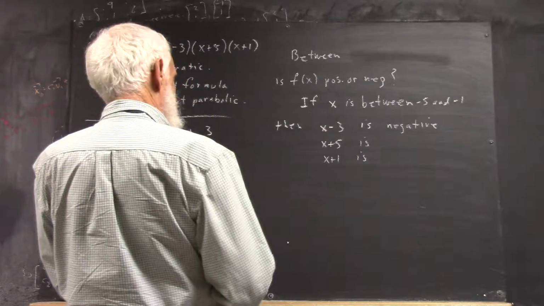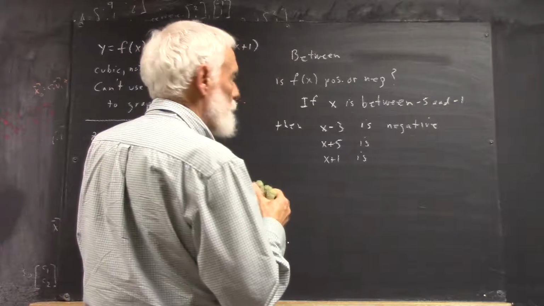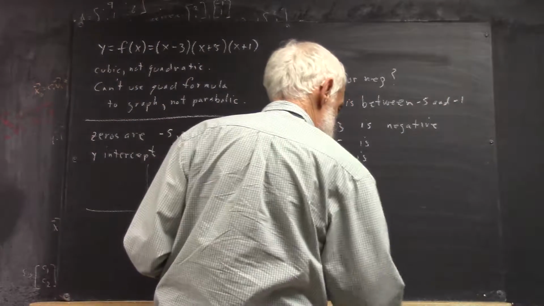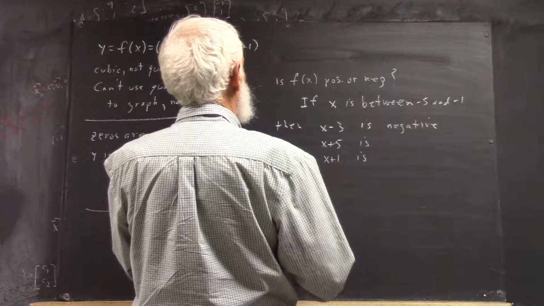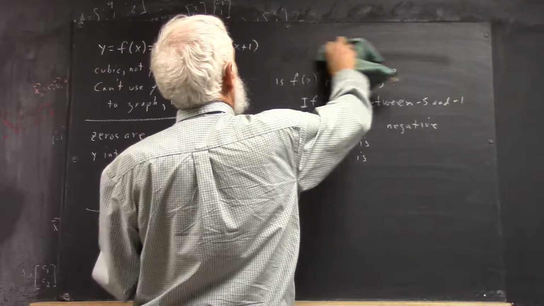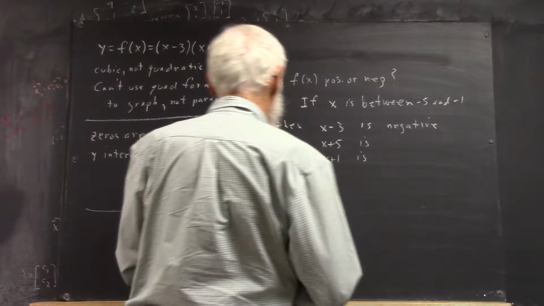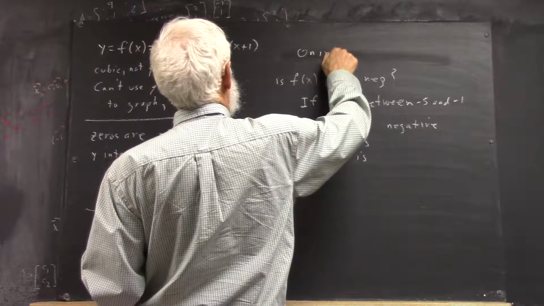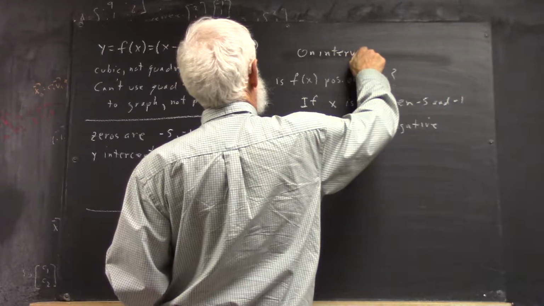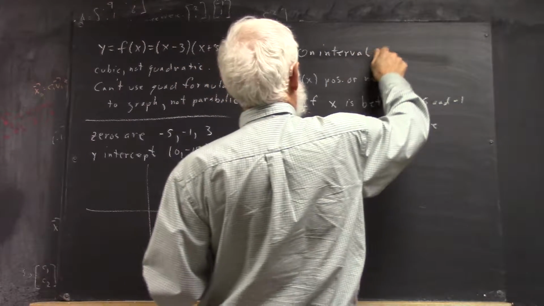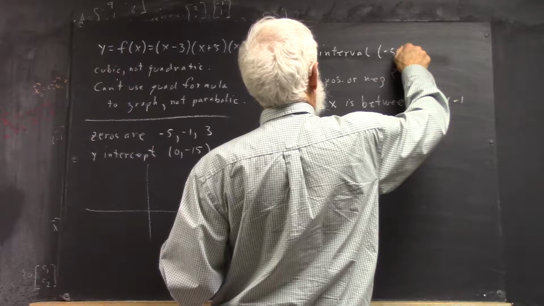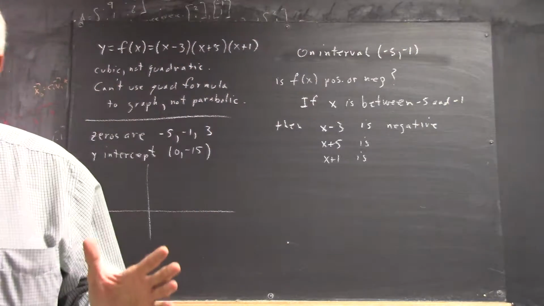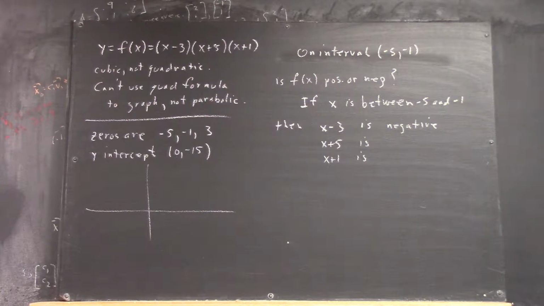The word between is really what I want to get rid of, but I need to get rid of the rest of it too. Okay? So, on the interval -5, -1. Now it's an open interval, so it doesn't include -5 or -1, right?